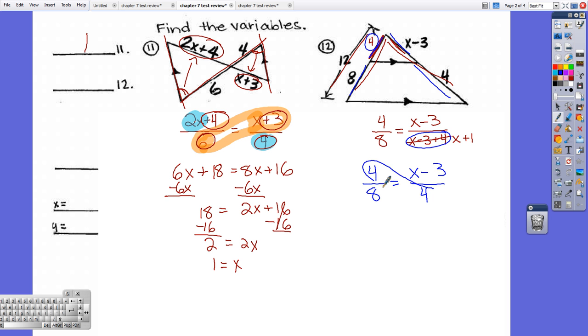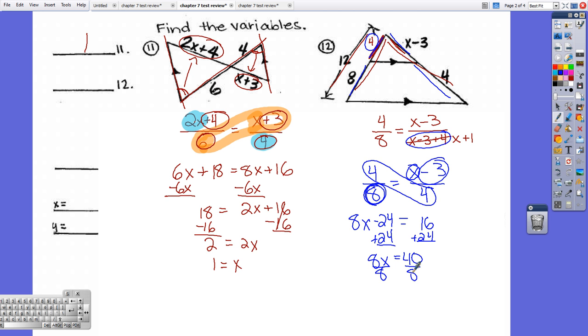And 8 times x is 8x. 8 times negative 3 is negative 24. I'm going to add 24 to move it over here. And that will leave me with 8x equals 40. Divide by 8, divide by 8, I get x equals 5. Thought I had you fooled.